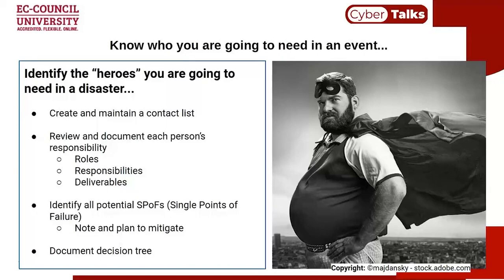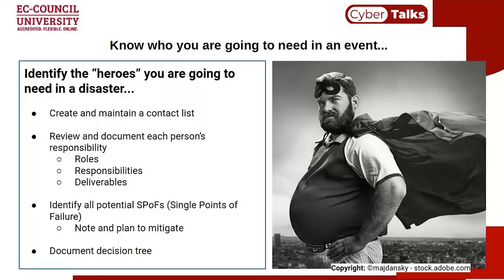And they need to know that they are going to do that. So you need to create and maintain a comprehensive contact list of everyone that's involved with a particular disaster recovery plan to make sure that those people can be reached in the event of a disaster. Each of those people needs to have their roles, responsibilities, and deliverables defined prior, and they need to have accepted that, understand it, and be ready to go.